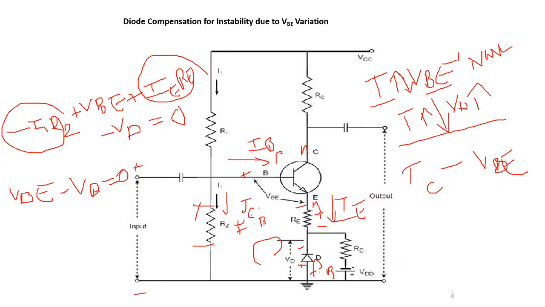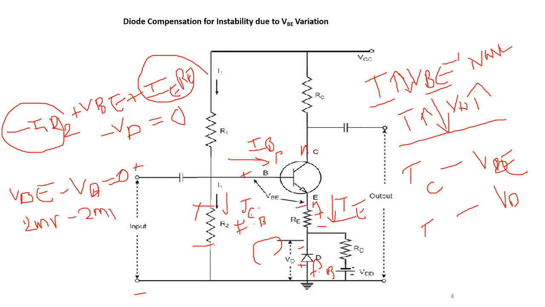Same case, whenever the temperature has a variation, the VD voltage also has the same variation. So in this case, suppose that depending upon the temperature variation, the VBE voltage has increased by 2 millivolts. Since the same material, silicon, is used for the diode also, the VD voltage should also increase by 2 millivolts.